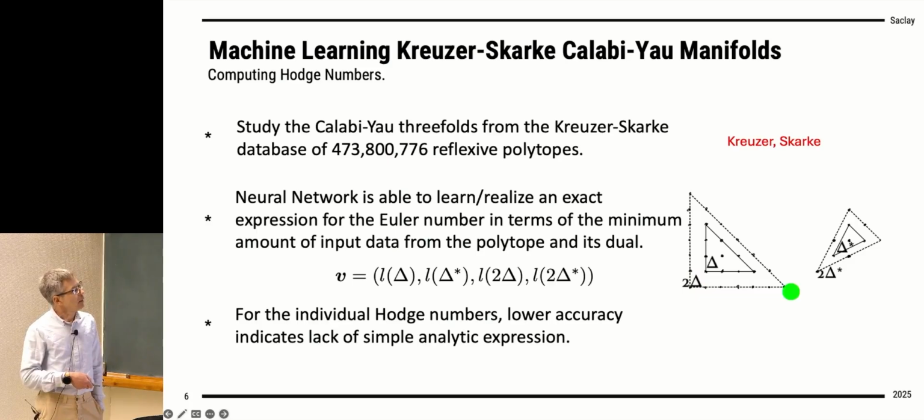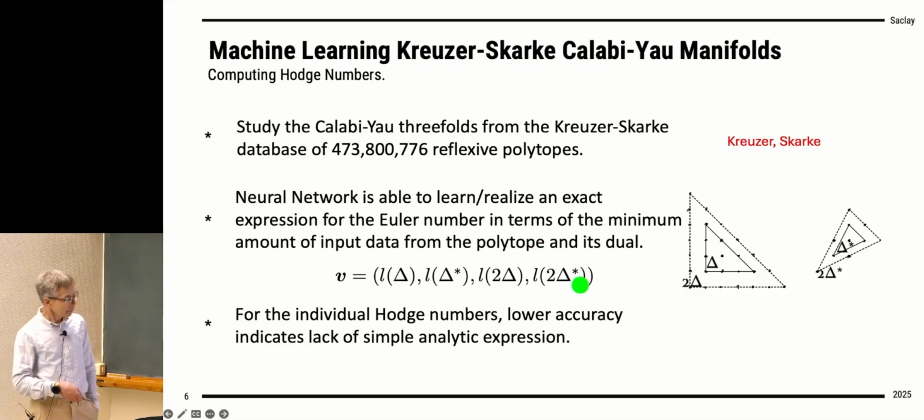So here, what do I mean by 2 delta? 2 delta is the scaling up of the original polytope delta by a factor of 2, and 2 delta star is the scaling up of delta star, the dual polytope, also by a factor of 2. So if we're counting, L of delta is the number of points, so L of delta here would be 10, L of delta star would be 4, and then you could calculate what the number of points is if you scale it up.